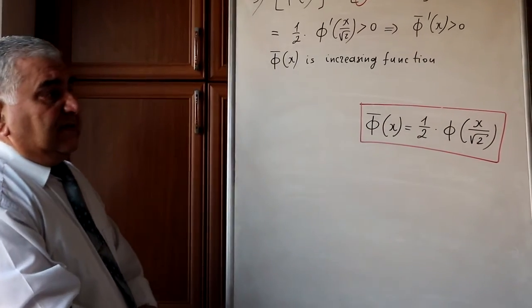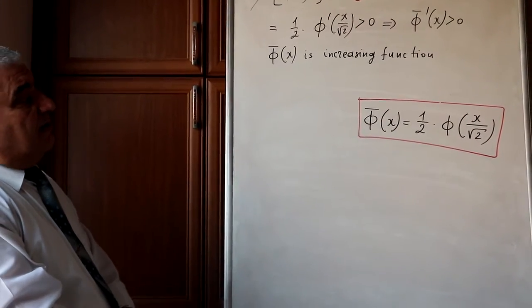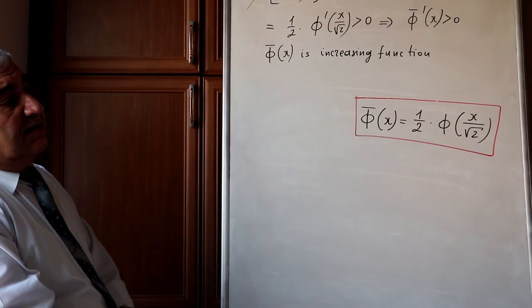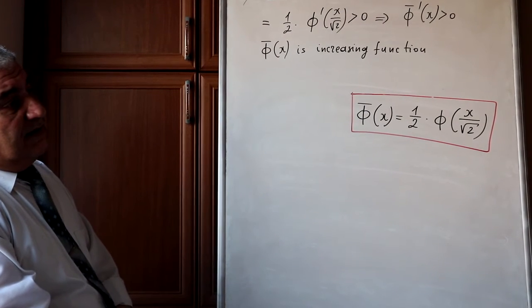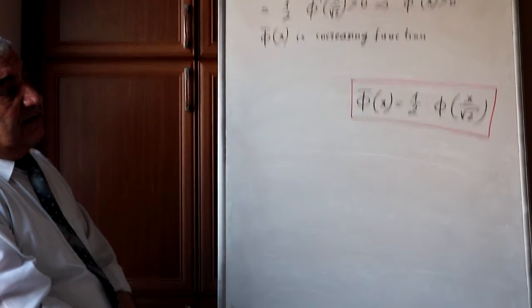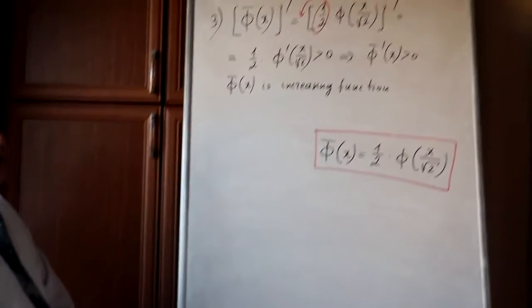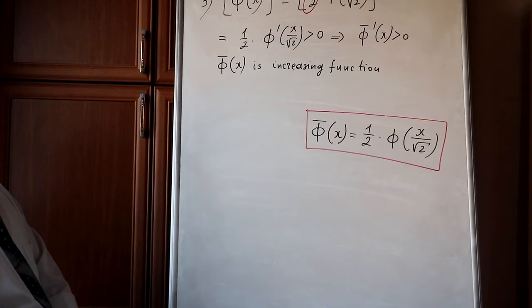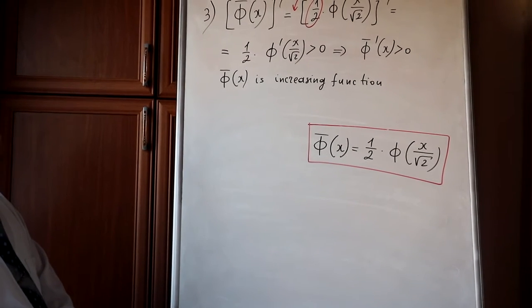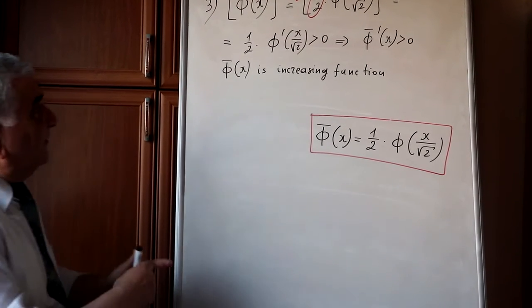Then investigate the behavior of the Laplace function at infinity. First, define the behavior of the Laplace function at plus infinity. For this, find the limit of the Laplace function when x tends to plus infinity.